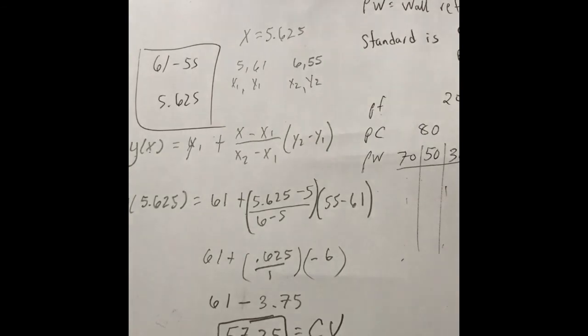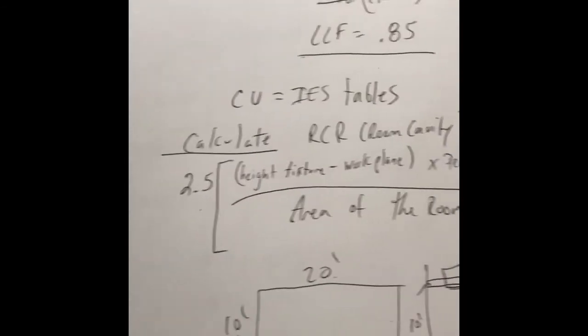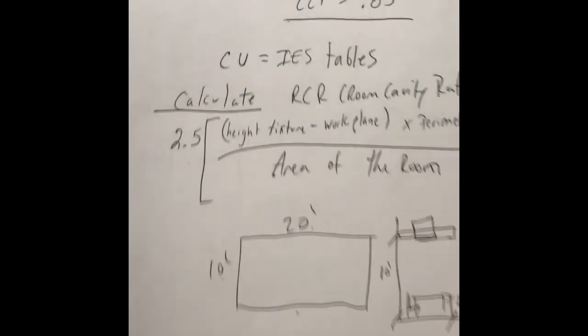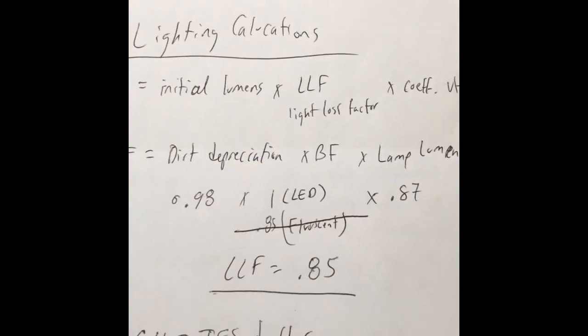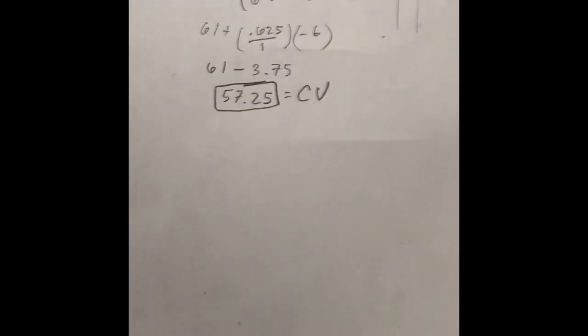So now that we have that, if we come back, our formula was initial lumens times light loss factor times our coefficient of utilization. Let's work this out.